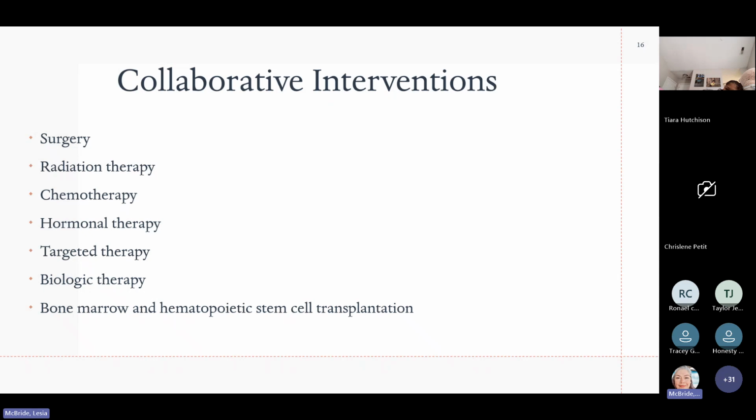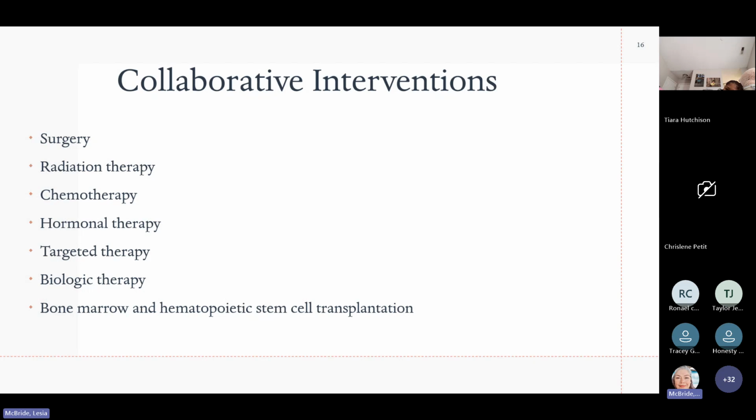So here are the collaborative interventions. Be aware of these. Surgery, of course, is fairly clear. That's taking the cancer and cutting it out. Radiation, we're putting radiation into the area. That could be from a machine that radiates the area, or we could use pellets or something of that sort that we implant into the cancer, and it kills the cancer.